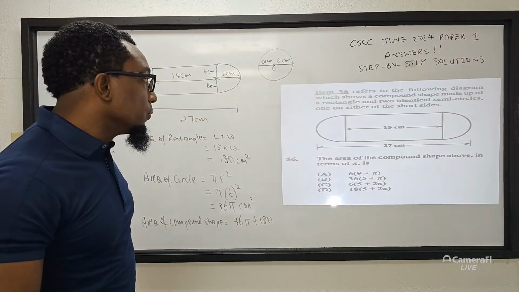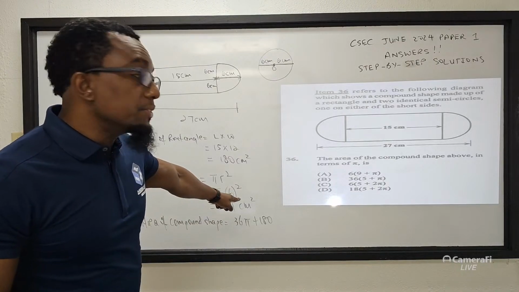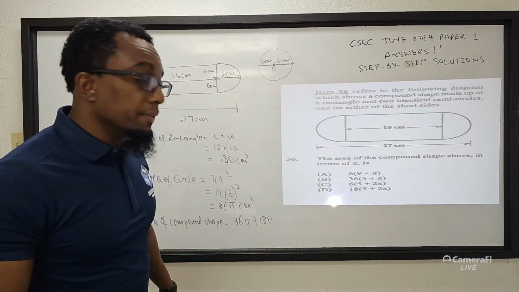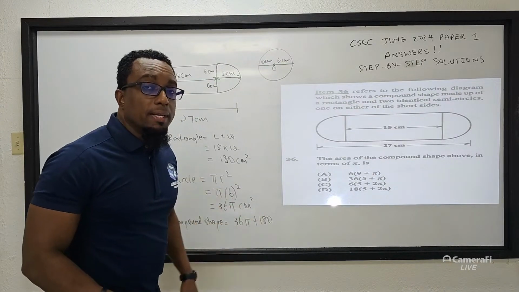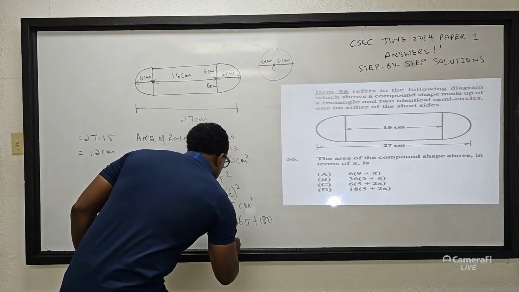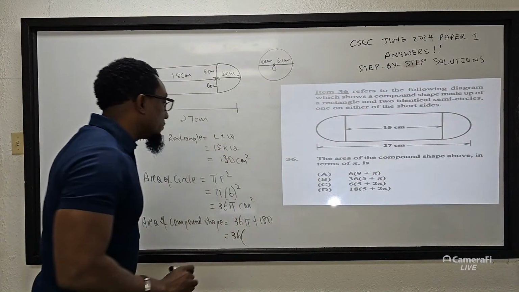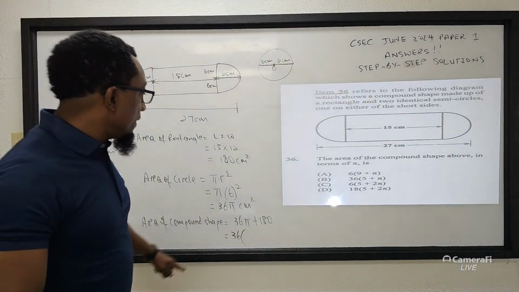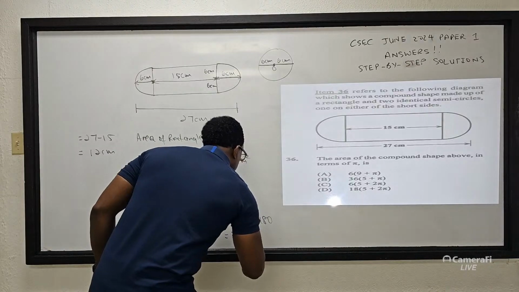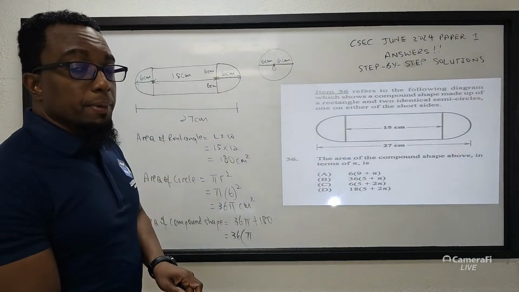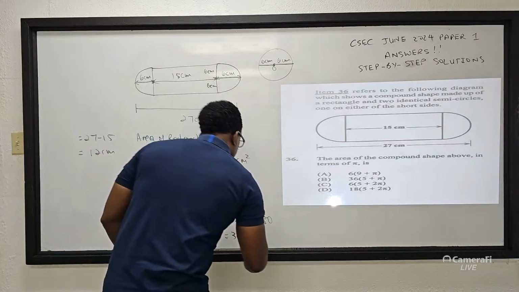But we can factorize this to get one of the options. 36 is common to itself and 180, so I can take out 36 as my highest common factor. Dividing 36 into 36 pi gives me pi, and dividing 36 into 180 gives me plus 5.